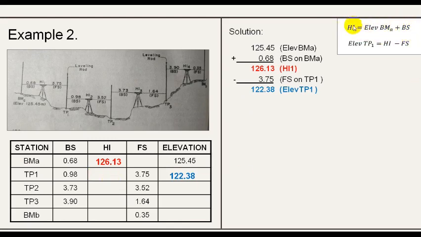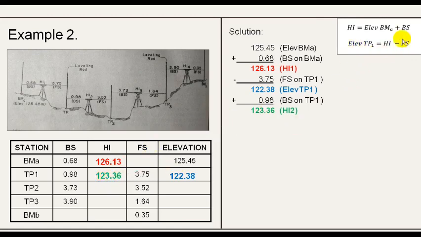We go back to the first formula: elevation of turning point 1, which is 122.38 meters, plus the backsight reading at turning point 1, 0.98. So this gives us the elevation of the line of sight of our second setup, which is equal to 123.36. We also put that in the cell.